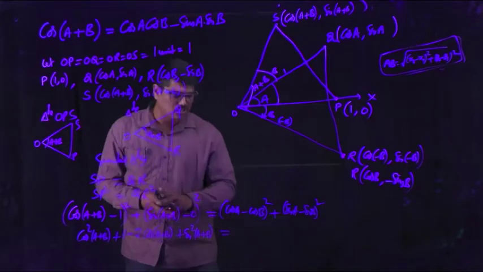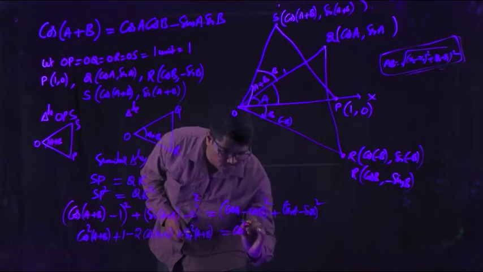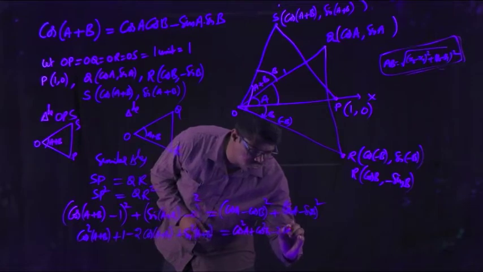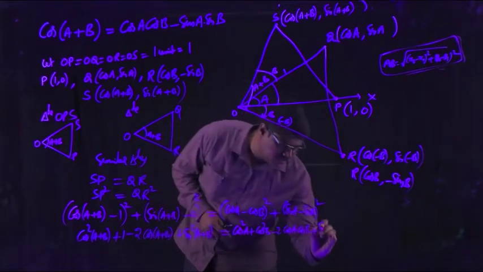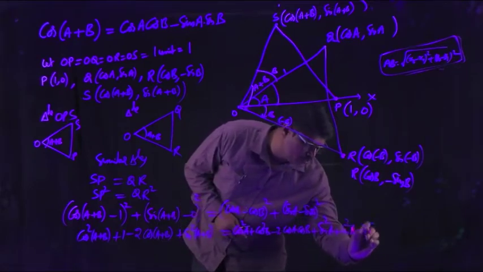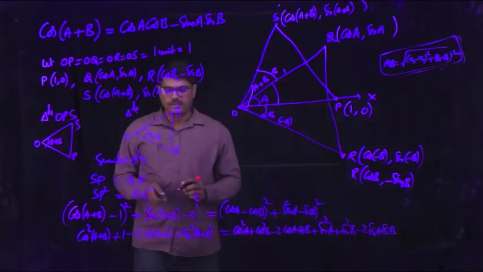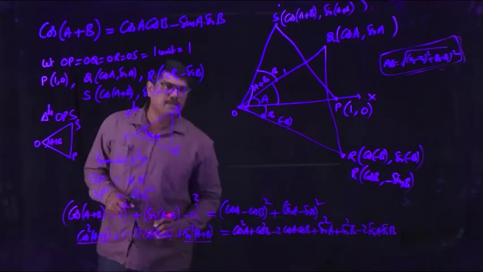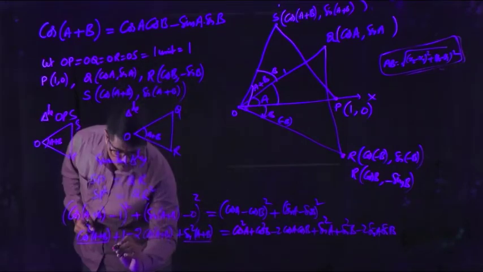In the RHS also, this is again like A minus B whole square. So write cos square A plus cos square B minus 2 cos A cos B. Again sin A minus sin B whole square, which is sin square A plus sin square B minus 2 sin A sin B. Here you observe cos square of A plus B plus sin square of A plus B, which is like cos square theta plus sin square theta, whose value is 1.